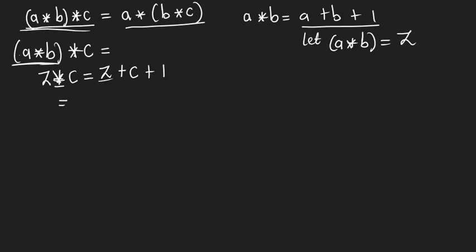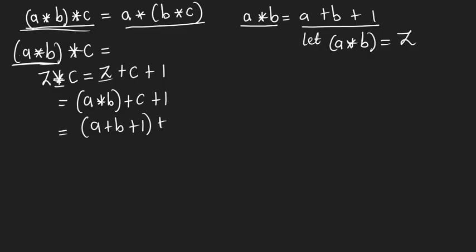That is going to be A star B plus C plus 1. Then I know that A star B is this, so I can put my A plus B plus 1, then plus C plus 1. This concept is what I'm calling the Z concept.